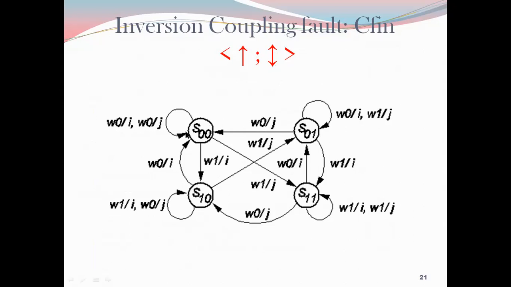Let's assume the initial state is 0,0, where I is also 0. Both the cells are 0.